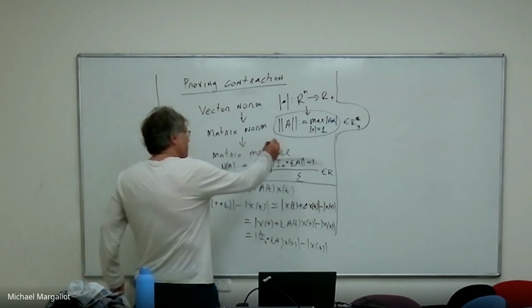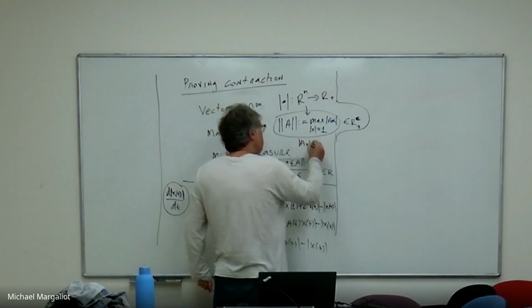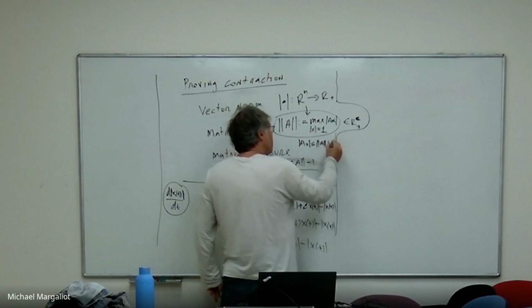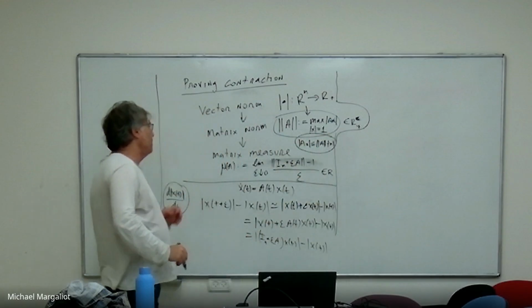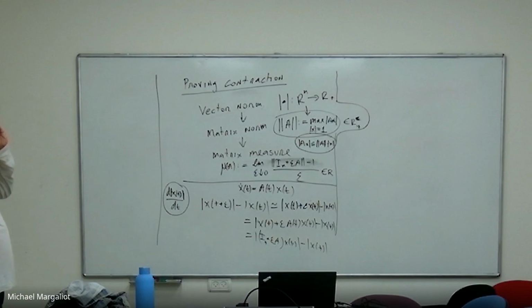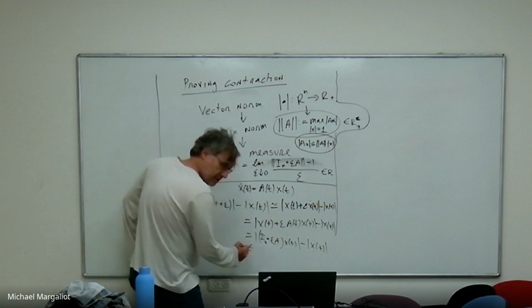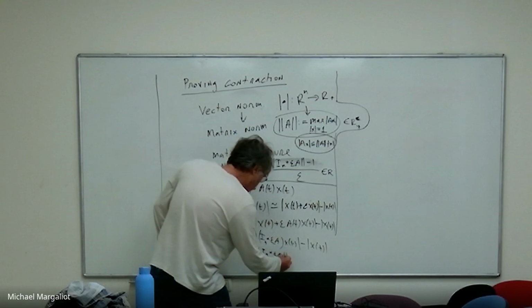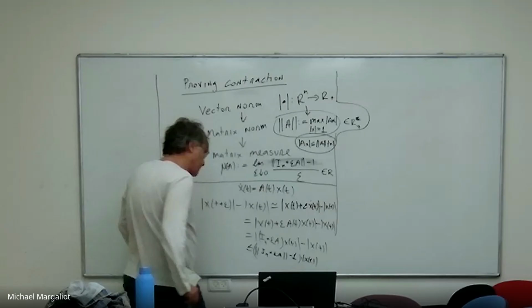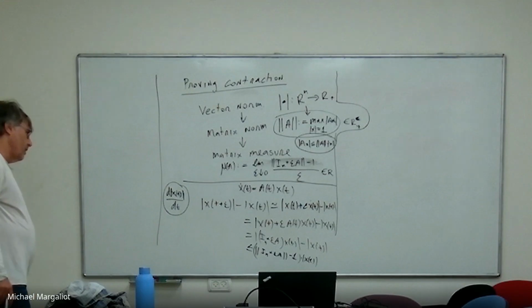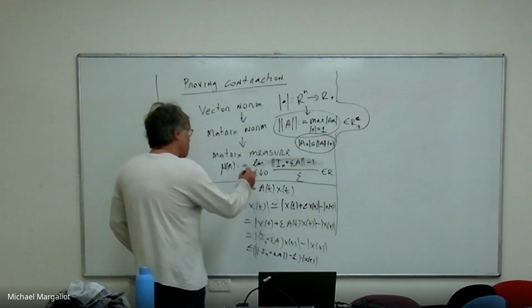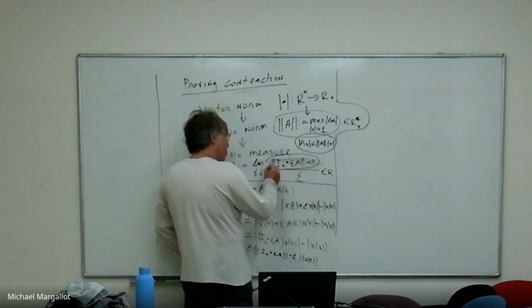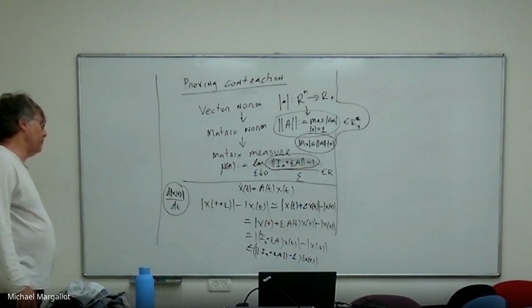And now I use this nice property that the norm of this is always smaller or equal to this. I have this bound, the matrix norm, that bounds the vector norm of the product of the matrix and the vector. So I can bound this by the norm of I plus epsilon A, and you see that I just got this term that appeared in the matrix measure.